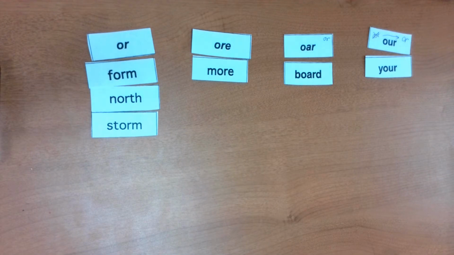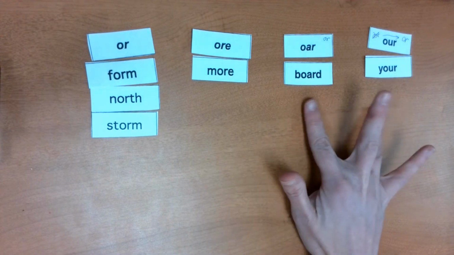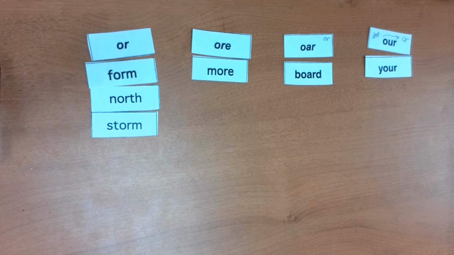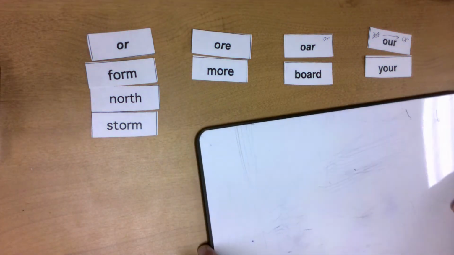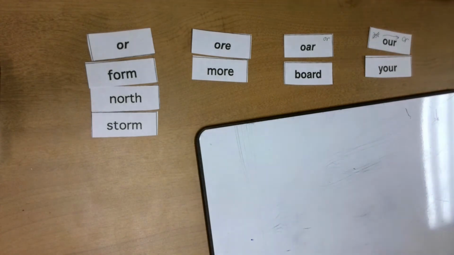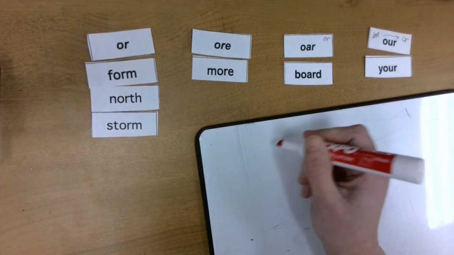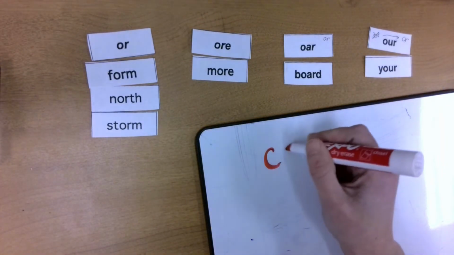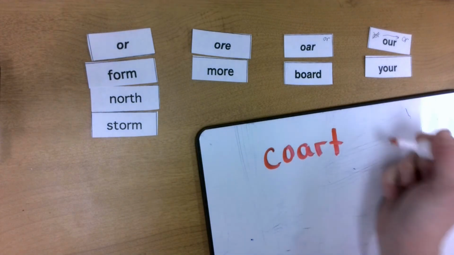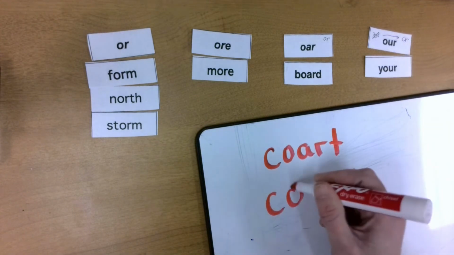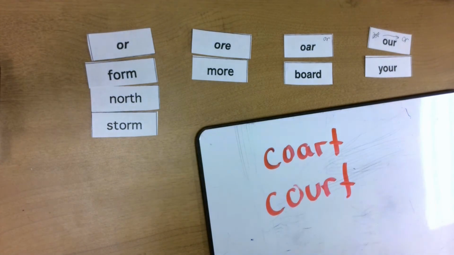Okay. So this one's an unexpected one, you're thinking about this. And sometimes you might even spell them two different ways, right? So let's think about what that might even look like. If I were to do court with an O-A-R, or court with an O-U-R, which one of those most looks familiar to you?